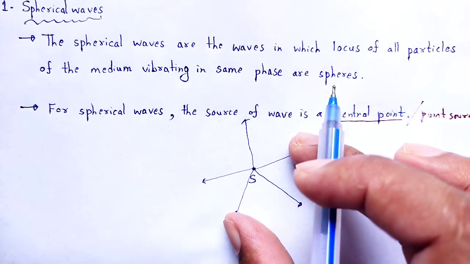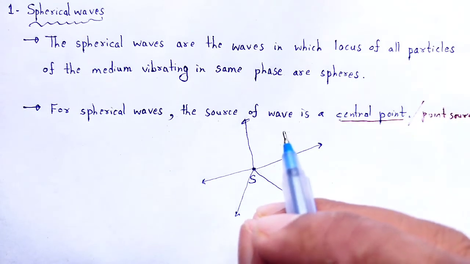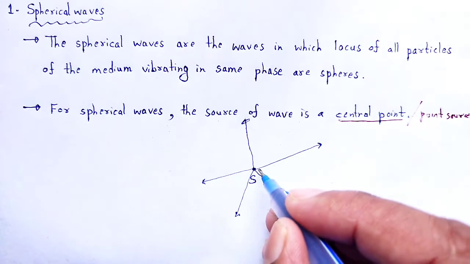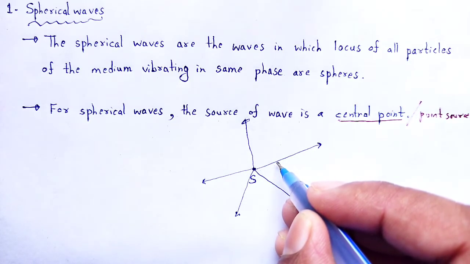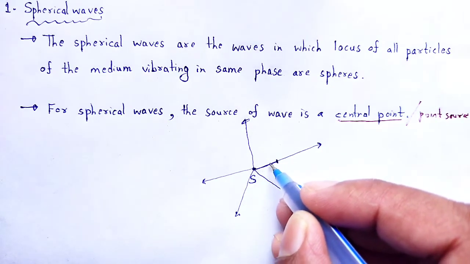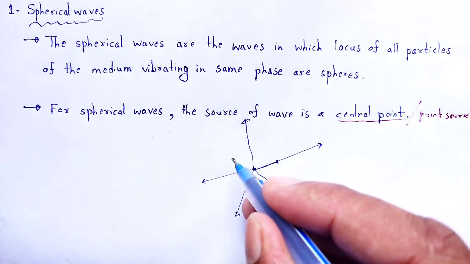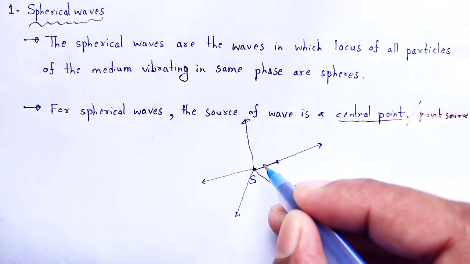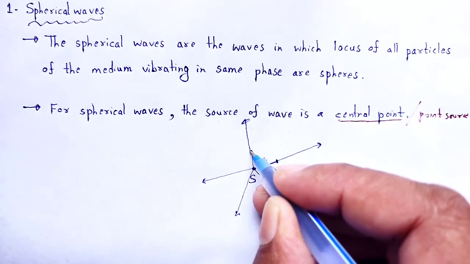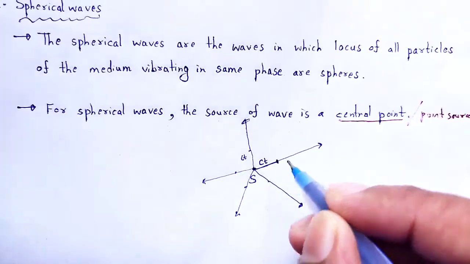Since it is isotropic, the speed of light is the same throughout the medium. Let after time t, all the waves reach a point lying on a particular sphere having the radius ct. At a time t, the wave reaches a distance of ct.